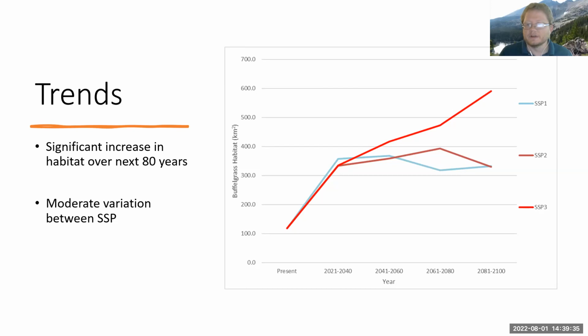While under the most severe climate change scenario, it just keeps continuing in a linear fashion, and we end up with much higher potential bufflegrass habitat.